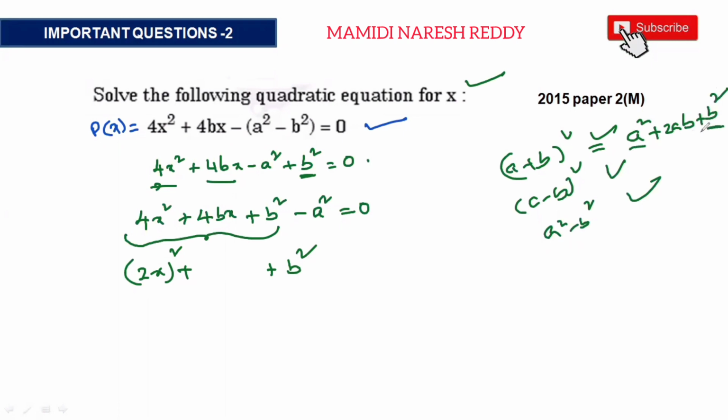It means the first and last terms are perfect squares, and the middle term will be in the form of 2 into a into b, where a is the first term and b is the second term. So here the first term is 2x whole square, and we need to write this middle term in the form of 2ab. So 2 into a, what is a, my dear friends? That is 2x, and next b square, and b is nothing but b.